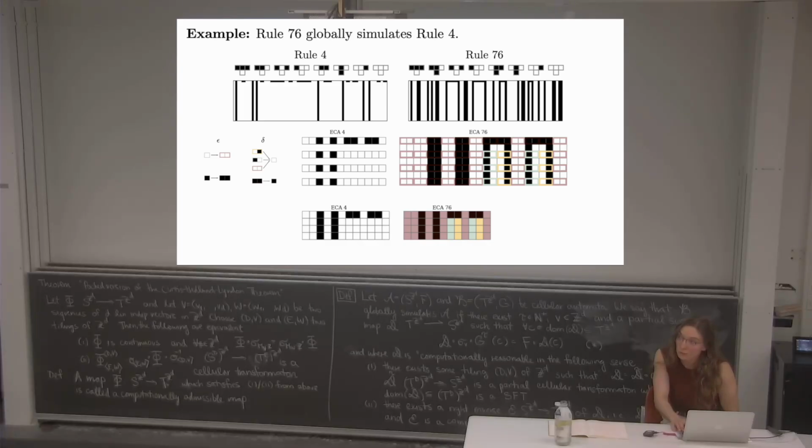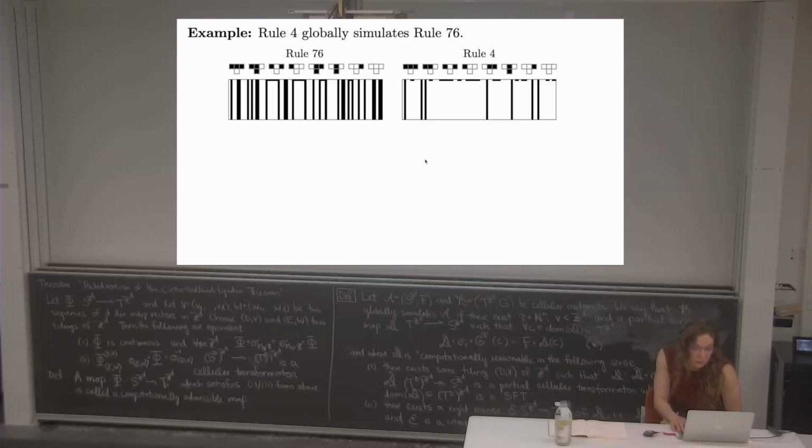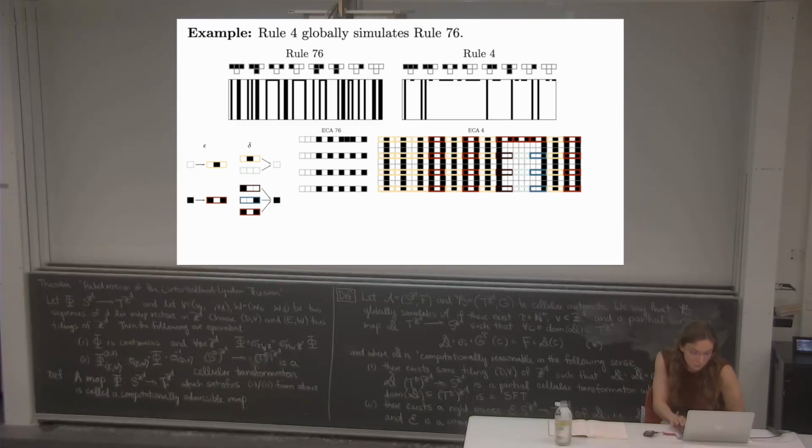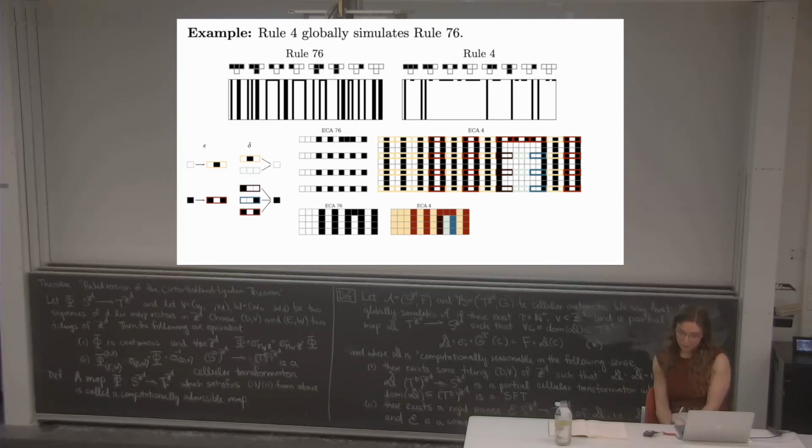Any questions? Good. So what's fun is that it works the other way around too. So Rule 4, which maybe looks a bit more simple, can also globally simulate Rule 76. So now we have to use supercells of size 3, and you don't need to go into too much detail. But again, if you use a suitable encoding, and then you let the elementary CA4 iterate, it's going to do exactly the same thing as elementary CA76.